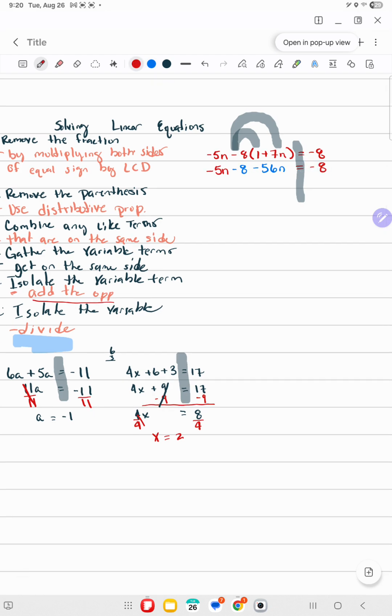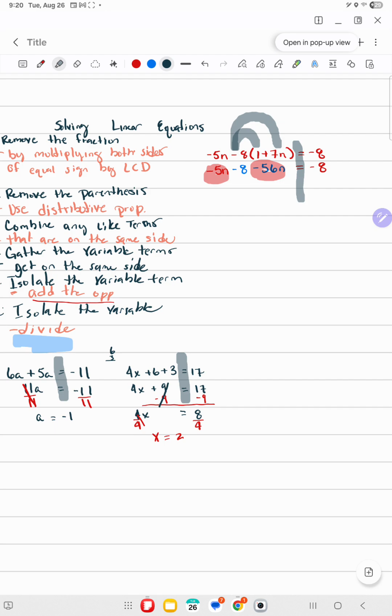After we remove parentheses, you always go to combining any like terms. If I look on the same side, do I have any like terms? I do. We have negative 5n and negative 56n. We need to combine those like terms.